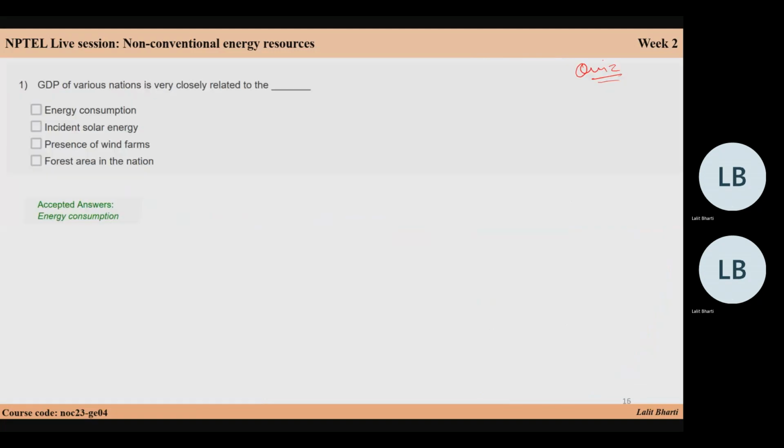After this biomass, we have the quiz questions.